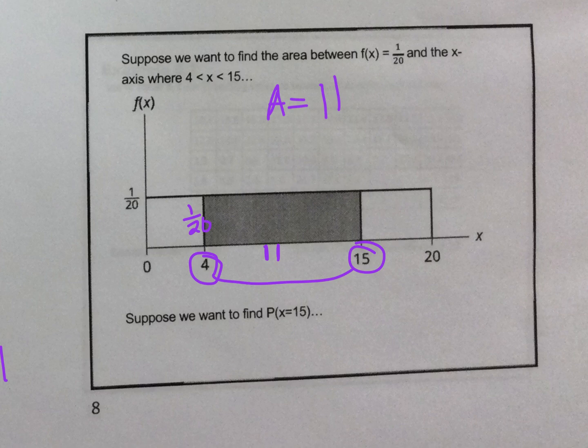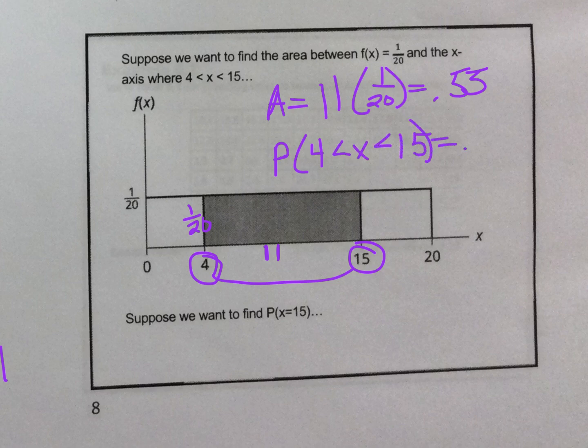So 11 times 1 over 20 equals 0.55. So the probability that x is between 4 and 15 is a little over half, 0.55. Okay?